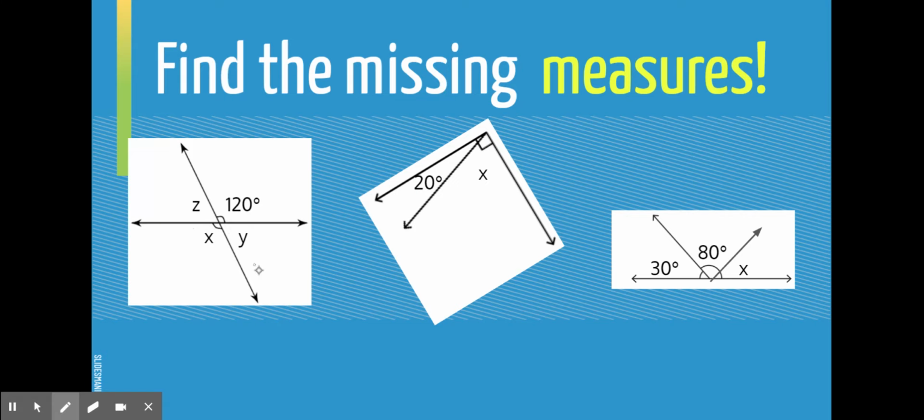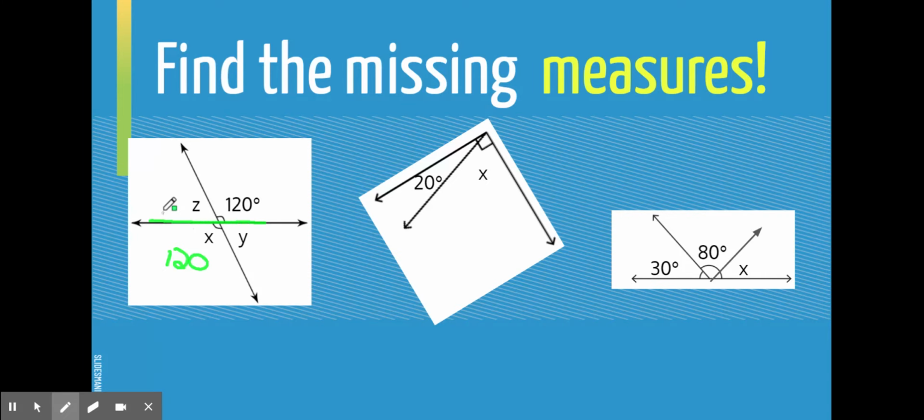Notice we have intersecting lines, and we know that the angles across from each other are vertical. And if they're vertical angles, they are congruent. They have the same measure. So if this angle is 120, then X is 120 degrees. Okay, now how on earth are we going to find Y and Z? All right, well, we're going to use something else we know.